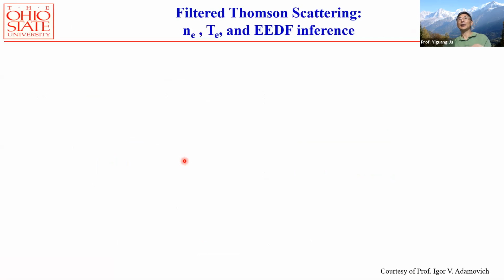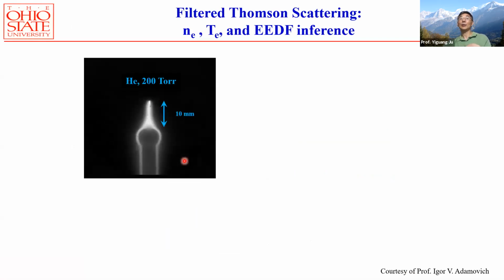And at Ohio State, Professor Igor Adamovich is one of the leaders in this area, measuring with Thomson scattering the electron number density, temperature, and electron energy distribution. One of the experiments he did measured the electron number density and temperature in helium at 200 torr with a pin to sphere discharge.